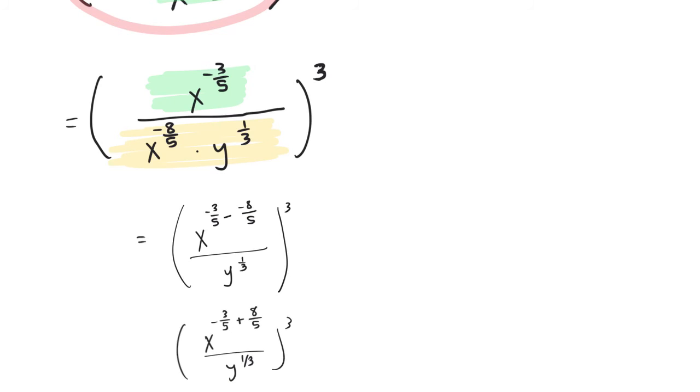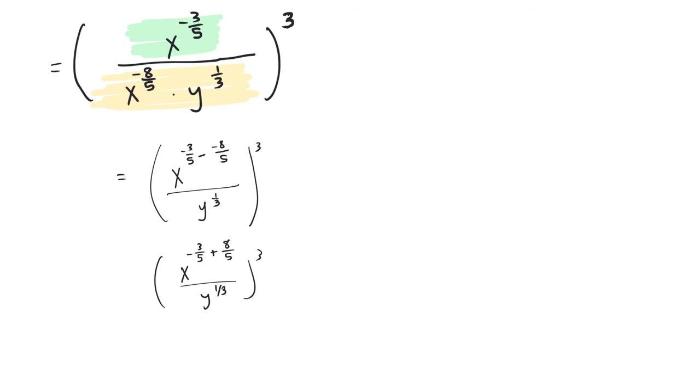Copy everything else down, and negative 3/5 plus 8/5 ends up being x to the 5/5, which is just 1. And then I'd have y to the 1/3 in the denominator.